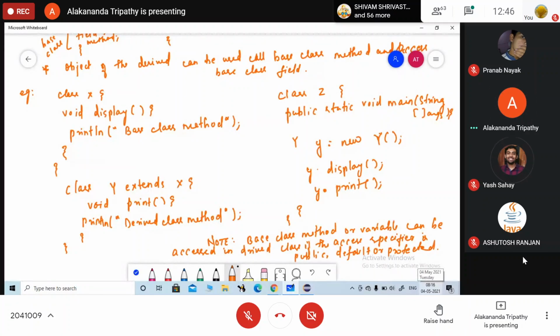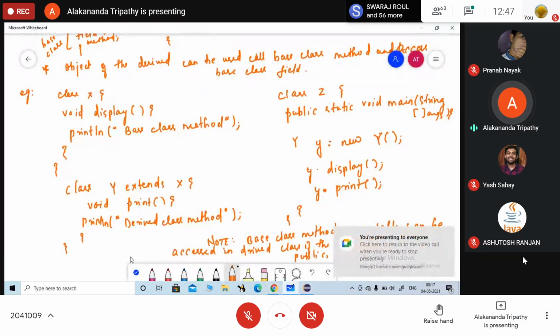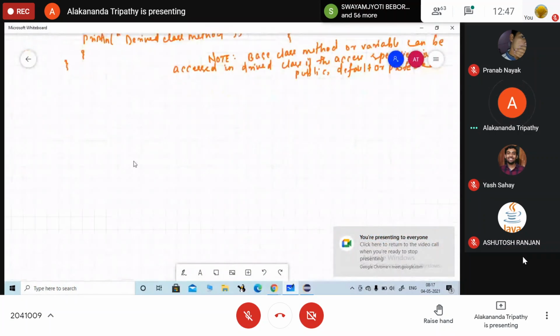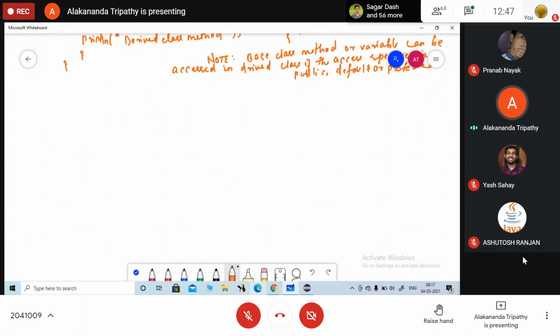Yes, ma'am. Okay. So the next type of inheritance is multi-level inheritance. Okay, next, note it down: multi-level inheritance.